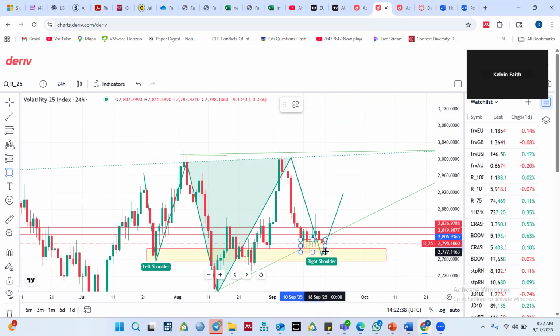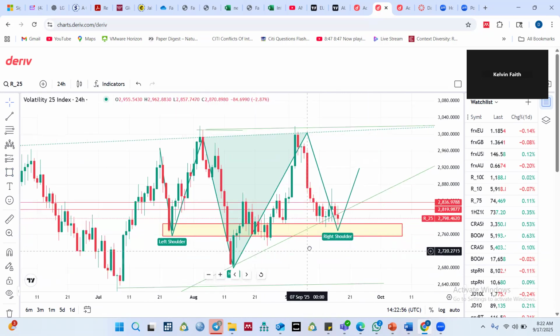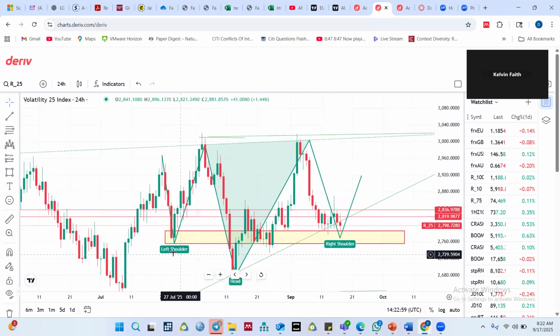So there's a likelihood that if this daily candle rejects back above the trend line, price is going to buy and be bullish. If that happens, then we might see this pattern look like a head and shoulder pattern, with this being the left shoulder, the head, and the right shoulder at this side. So that's what we are likely to be seeing.